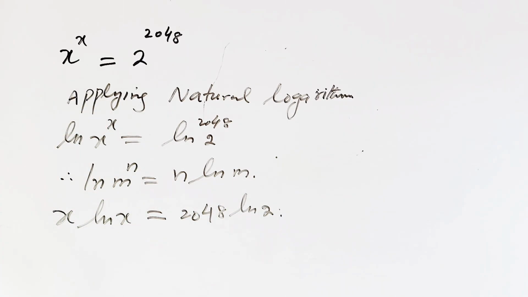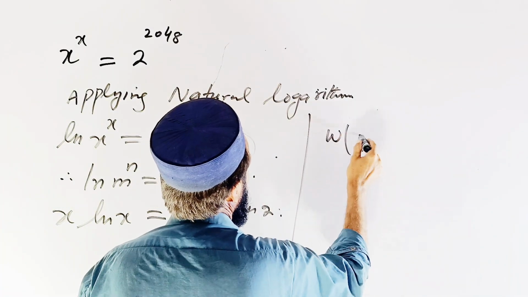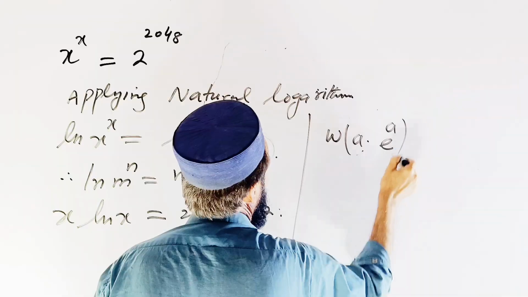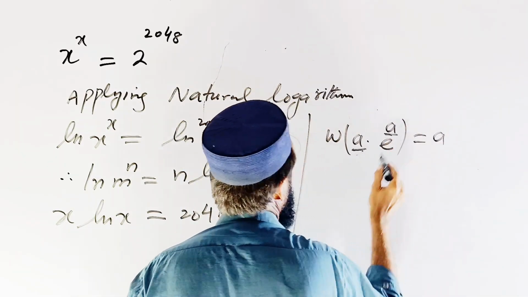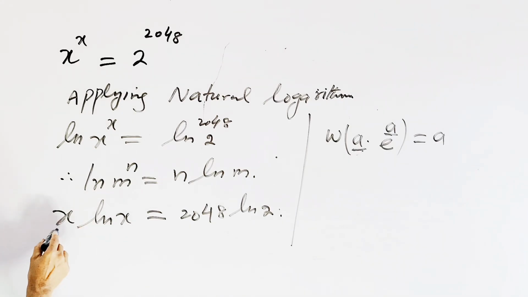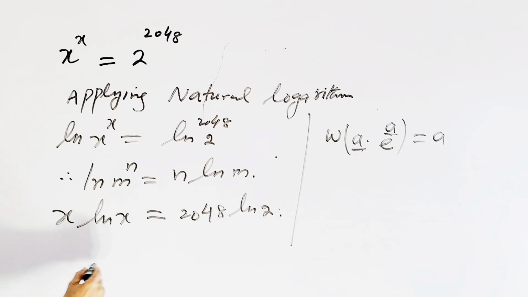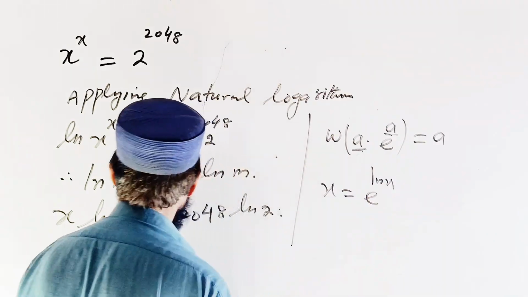Now according to the Lambert W function, we can write W of a times e to the power a is equal to a. This term and this term must be the same. Now we try to change this term. We can write x is equal to e to the power log x.